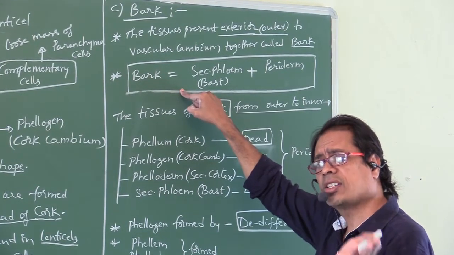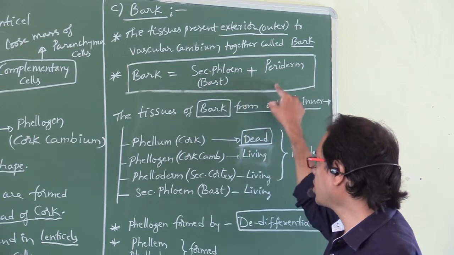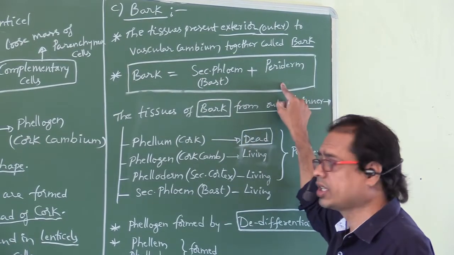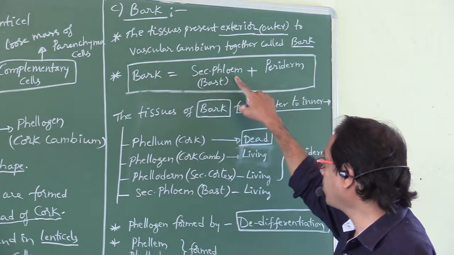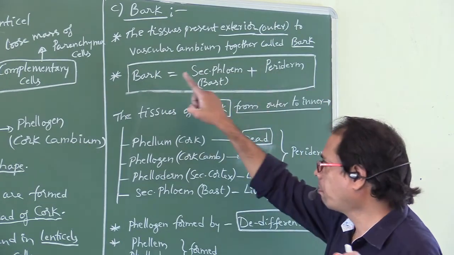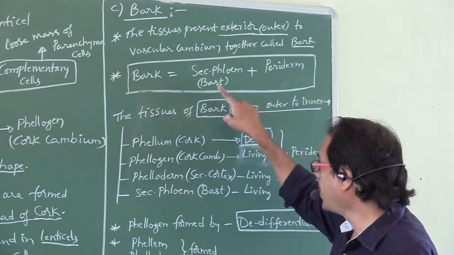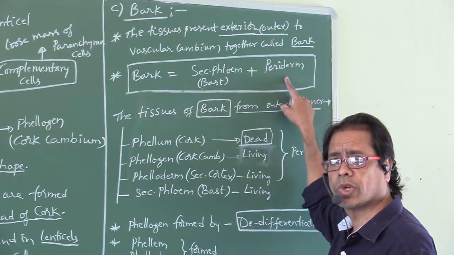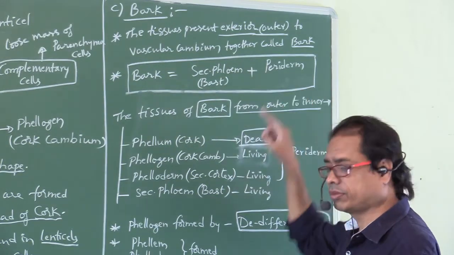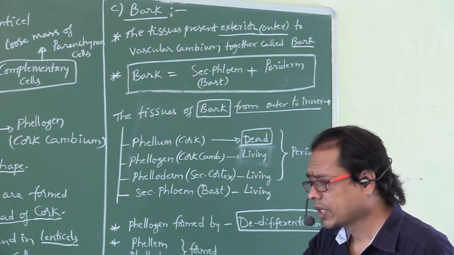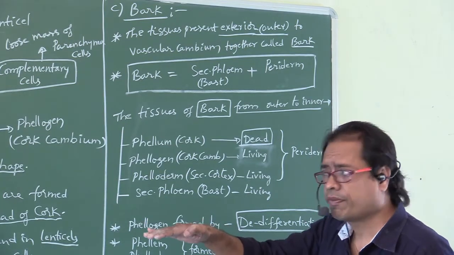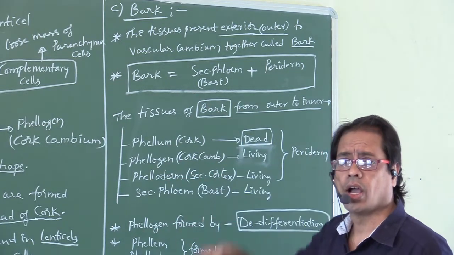If some layers are disintegrated, only these 2 kinds of tissues are present. So bark is equal to bast plus periderm: secondary phloem, phelloderm, phellogen, phellum.